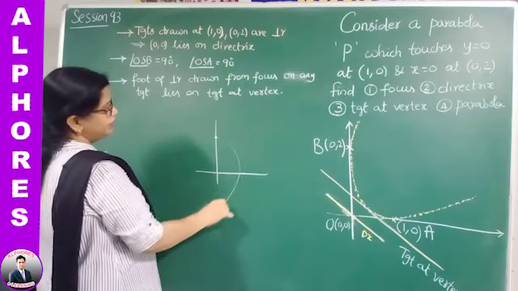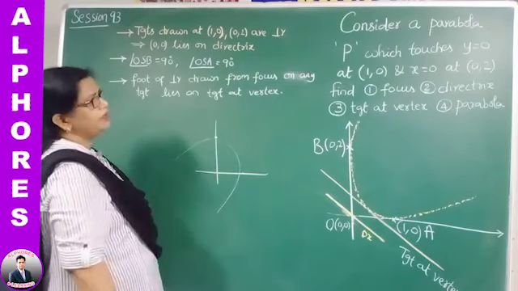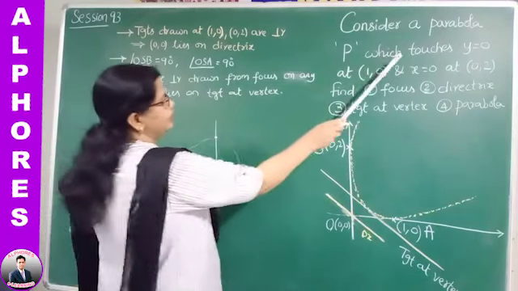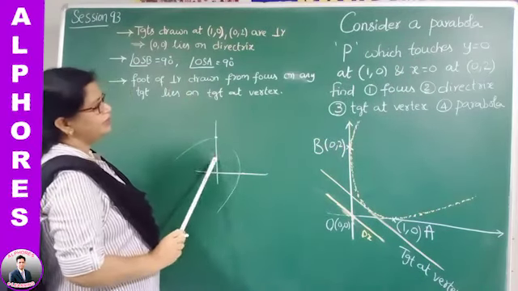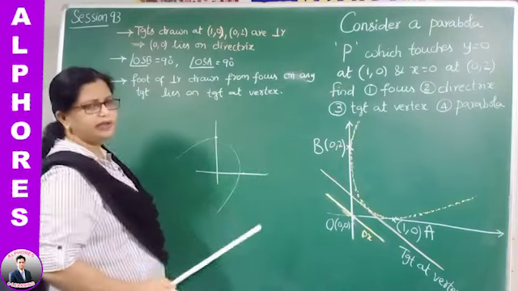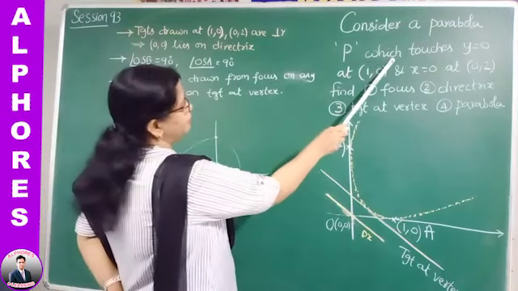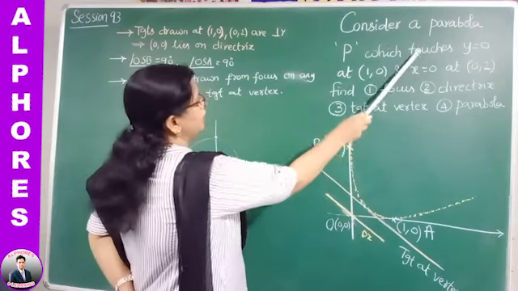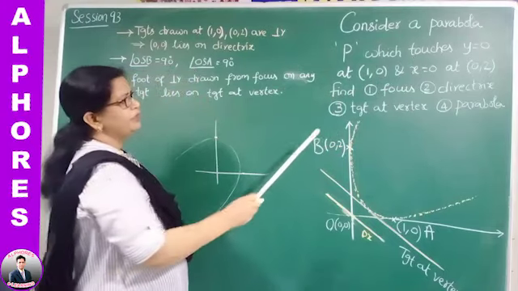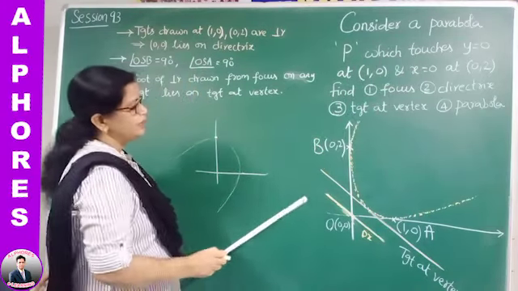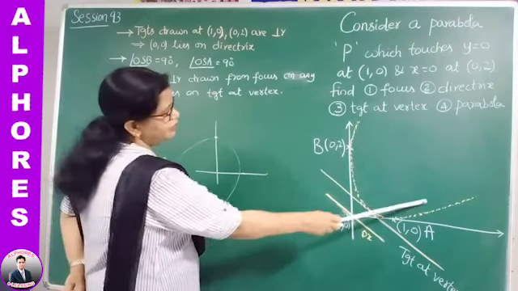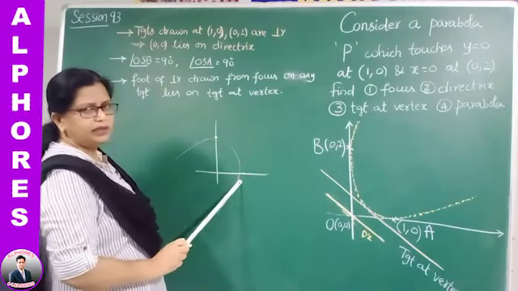Okay, so if I draw the parabola in this way, then it cannot touch the x-axis or y-axis. That's why you necessarily have to draw it in this way, as the parabola has to touch the coordinate axes. Therefore the parabola you have to draw in this way, but we can't draw like this.